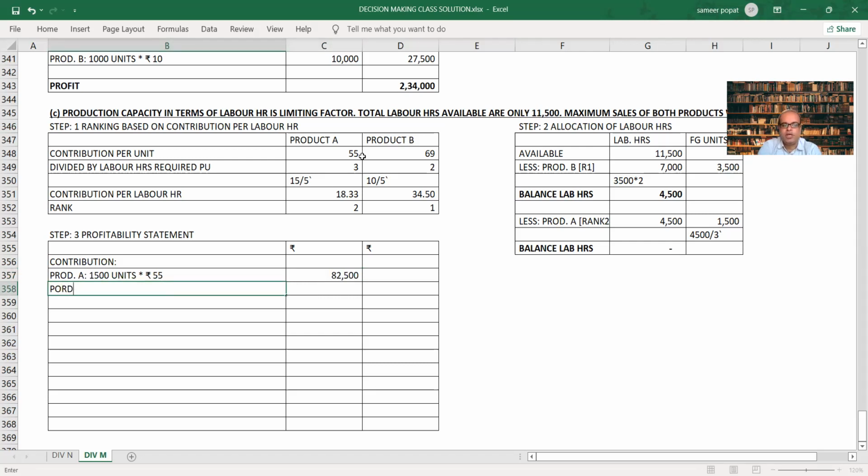From product B, we are going to manufacture 3,500 units, and contribution per unit is rupees 69. So 3,500 into 69 will give us total contribution from B.